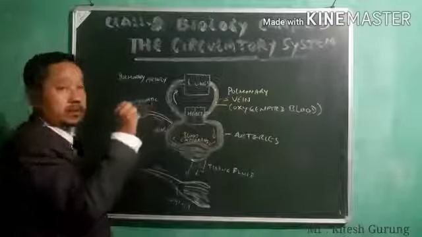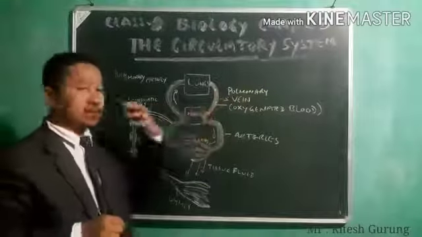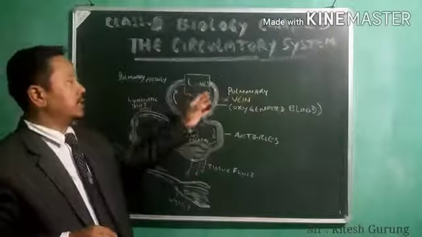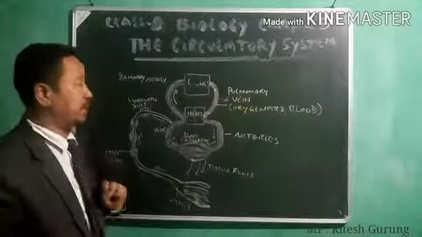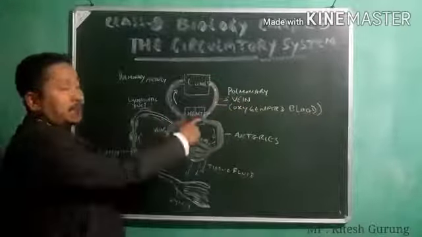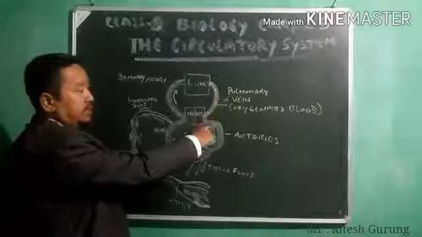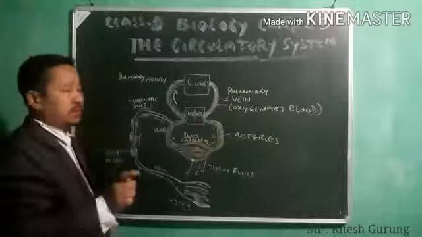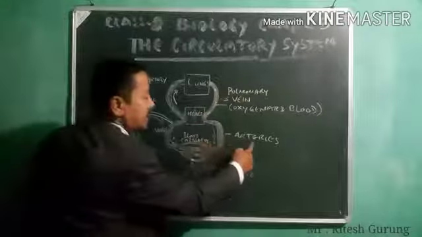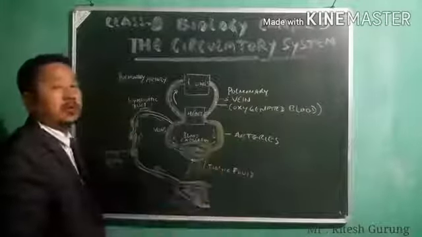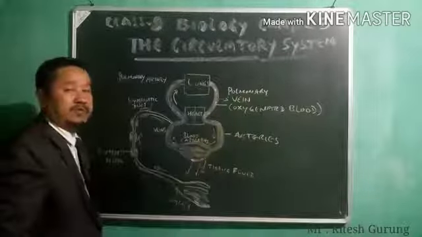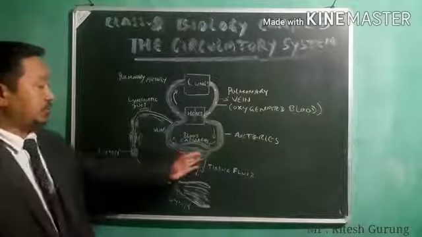Pure blood, after the purification, is brought to the heart by the pulmonary vein from the lungs. Then that pure blood is taken to the different parts of the body by these arteries, another blood vessel which carries the pure blood from the heart to the different parts of the body, shown out here.